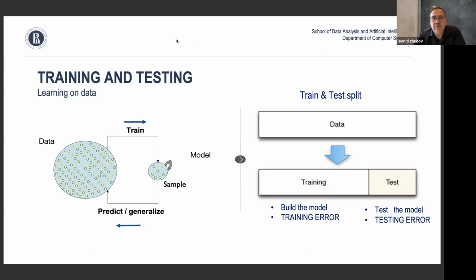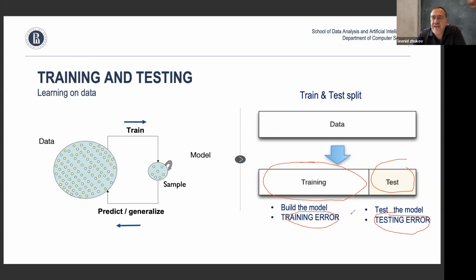When you actually build the models, you train the model and you check how well the model reproduces the training data itself, the one you trained on. And that's called training error. Then the second part of the data that you had, the test data that you never showed to the model, you check how well your model performs on it, and that constitutes test error.